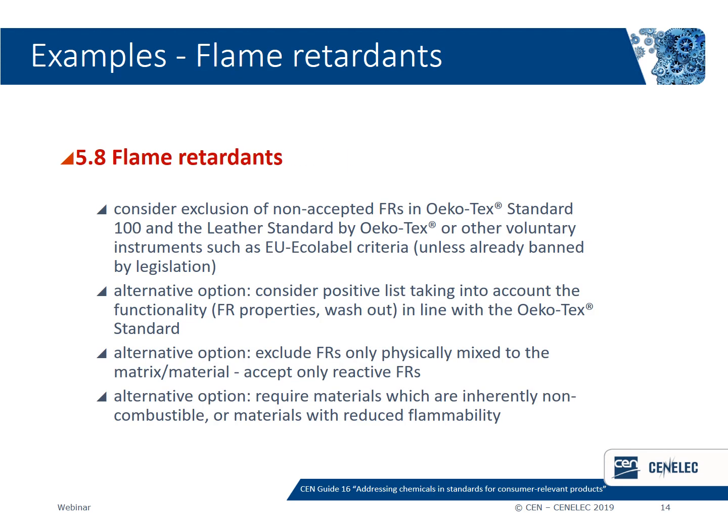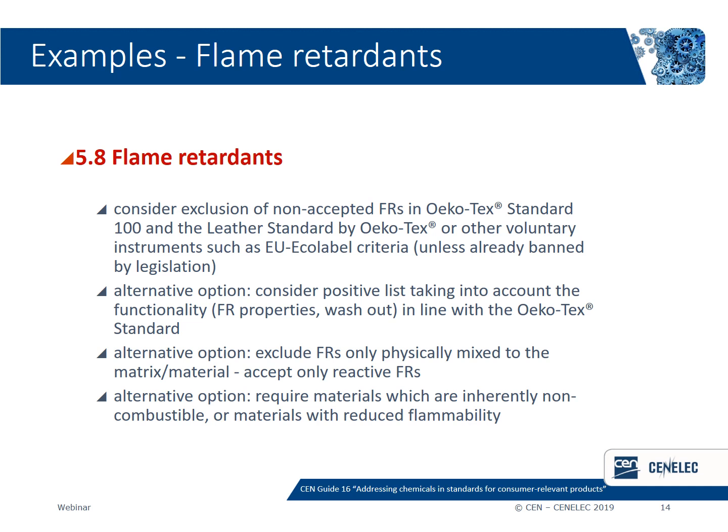Due to time constraints, we can look only at one substance group, flame retardants. And in this clause, we recommend to consider the exclusion of flame retardants which are not accepted in the Oeko-Tex 100 standard and the leather standard by Oeko-Tex, or voluntary instruments such as the EU Ecolabel criteria.